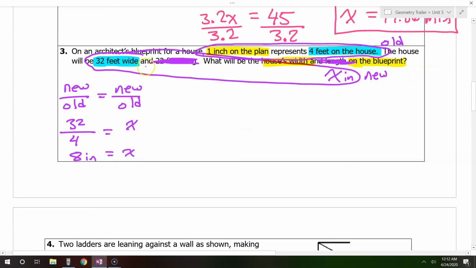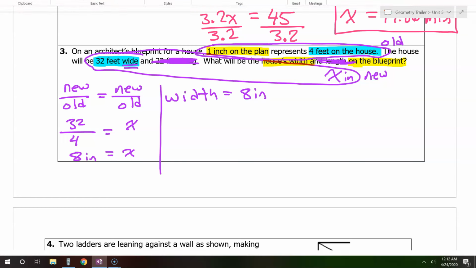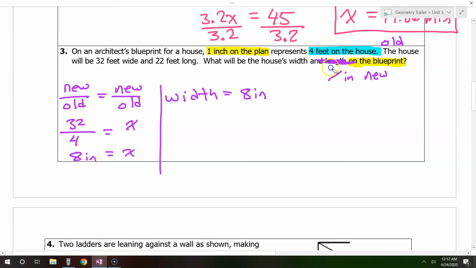So let's write this down. Right now we are talking about the width, so the width will be 8 inches on the plan. Now let's go back for a second and do the other quantity using common sense.